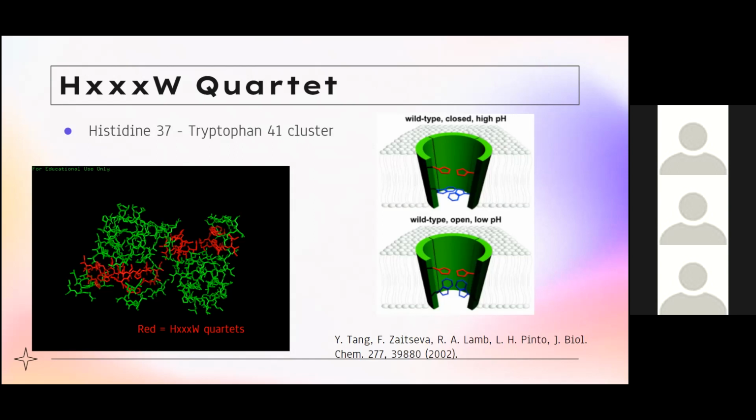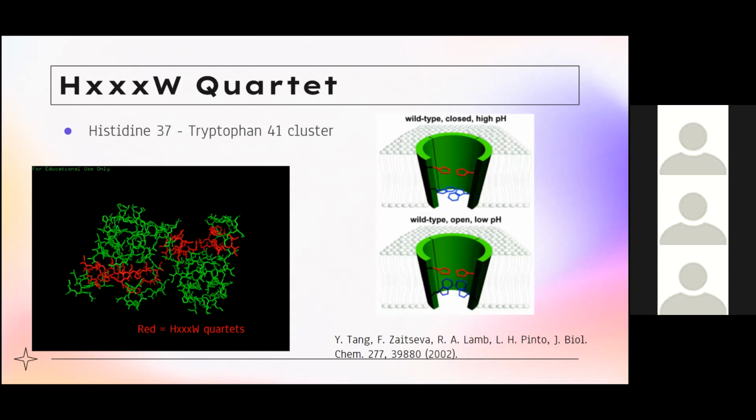And if you look at this figure on the right over here, it shows the model for activation of the M2 ion channel. It shows the transmembrane domain in green, the red is histidine 37, and the blue is tryptophan 41.